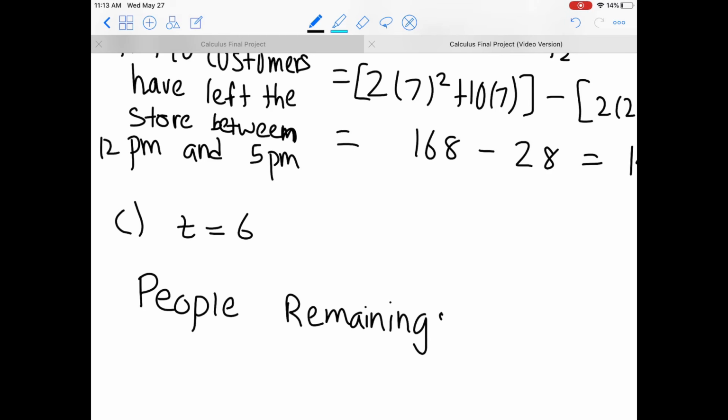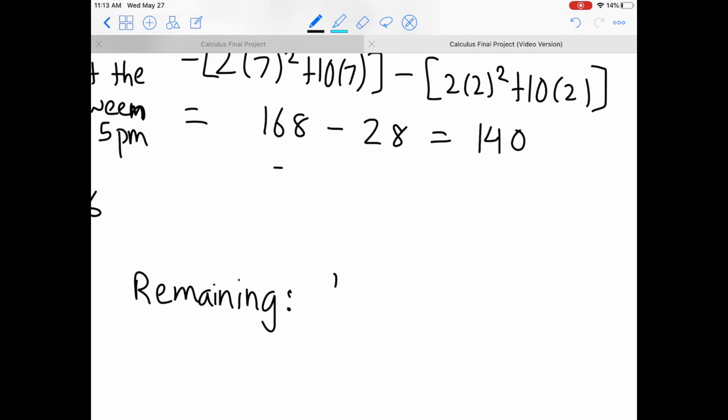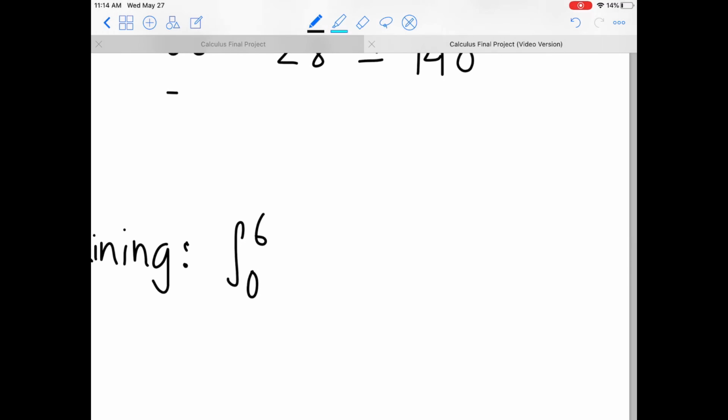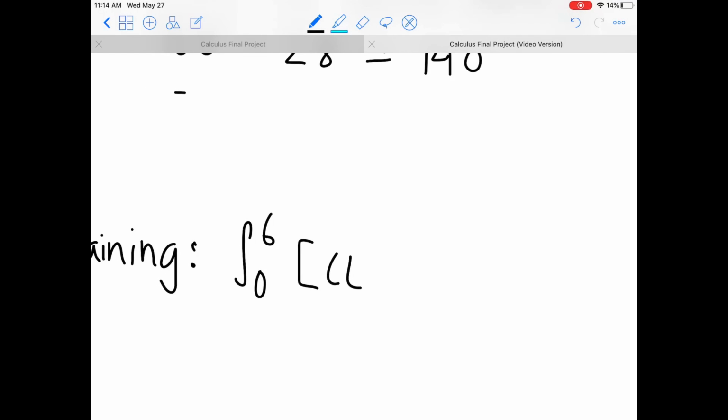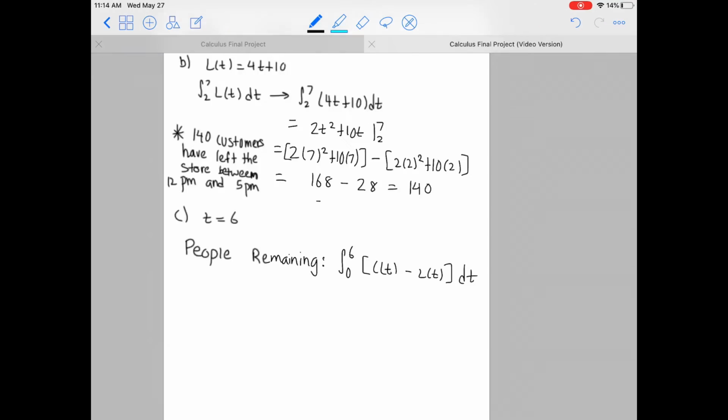So if we want to find the people remaining at 4 p.m., you must do the integral from 0 to 6 because the store opens at 10 a.m. where t equals 0, and we are solving how many people are left in the store at 4 p.m., which is 6 hours after the store opens, of C of t, which represents the people that have come inside the store, minus L of t, which represents the number of people that have left the store, dt.